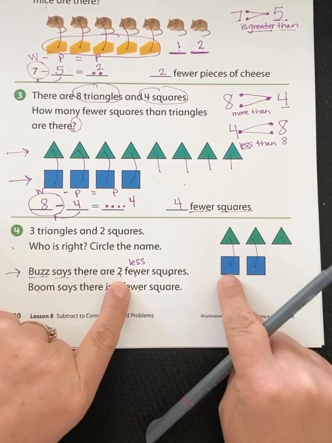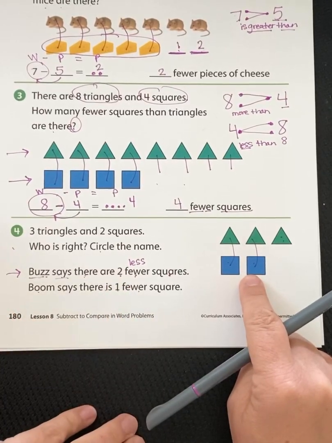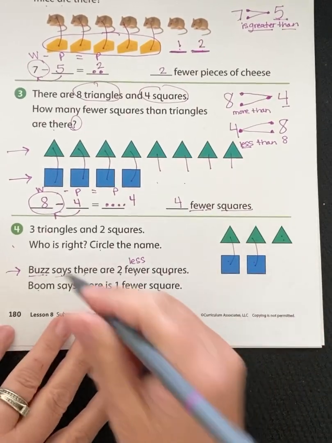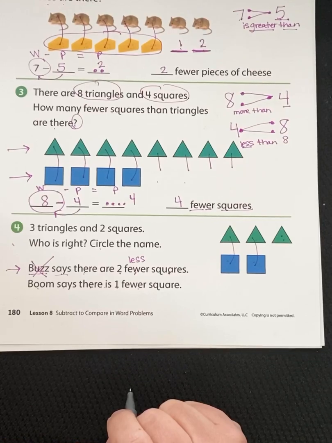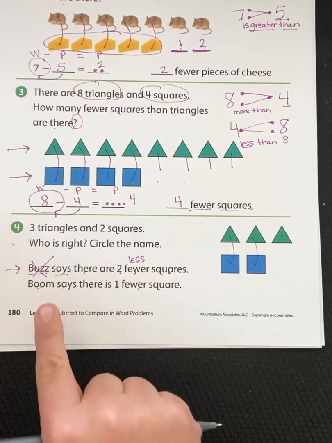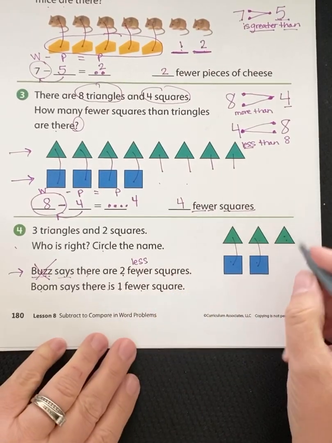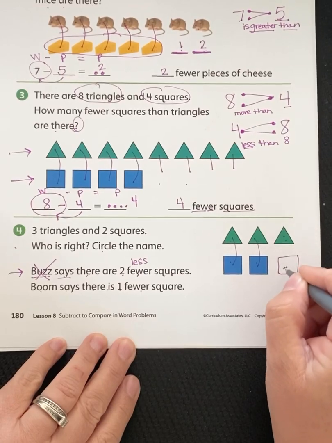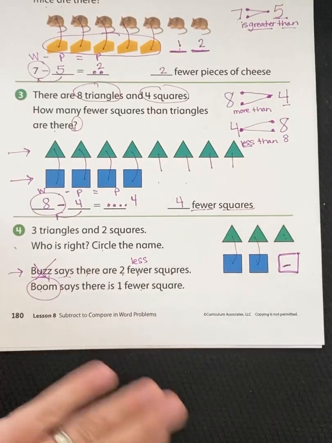No. Buzz is right that there are 2 squares. Those are there. But there's not 2 fewer squares. There's 1 fewer square. Buzz is not right. Who is right? Boom says there is 1 fewer square. Is there 1 fewer square right here? Right, this is correct. This is the one that is missing. Boom is correct.